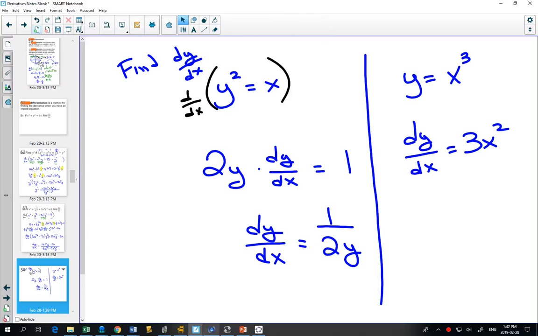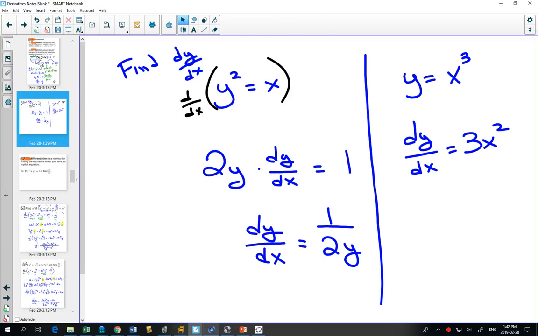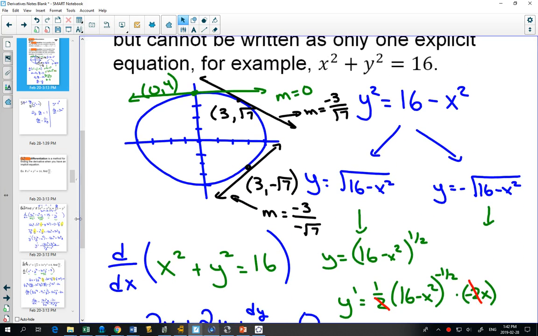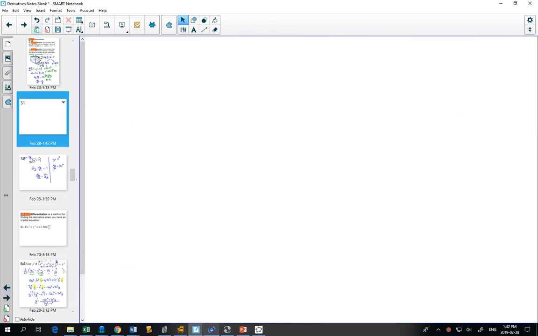I wanted to show something similar to what we saw at the beginning, when we could either do it as implicit differentiation or as regular differentiation, and they work out to be the same thing. But in our case, I started with two different equations, and that went wrong. This is what I started with, right?